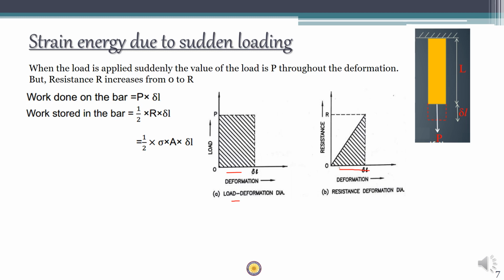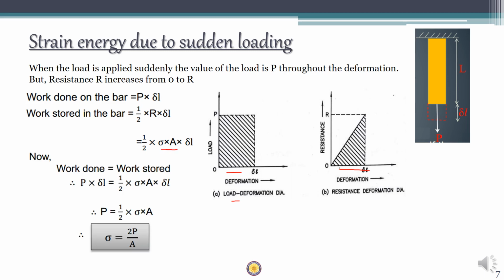Okay, R is again sigma multiplied by A, so we'll leave that. Now we have to equate work done equal to work stored, which means that P into delta L is equal to half into sigma into A into delta L. Okay, delta L and delta L get cancelled. We have sigma is equal to 2P by A. Now this is also important.